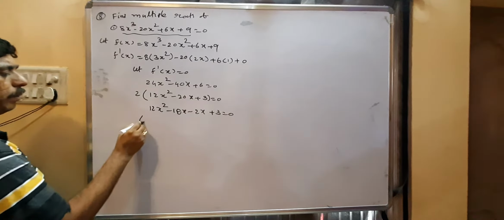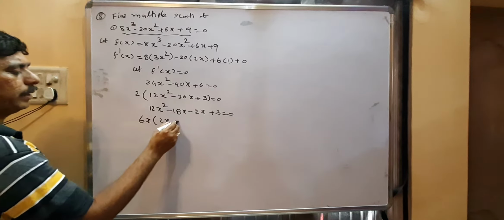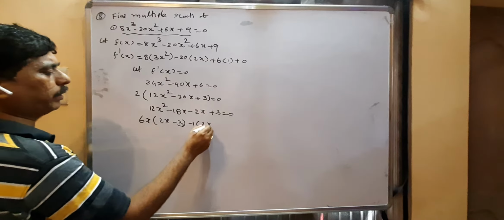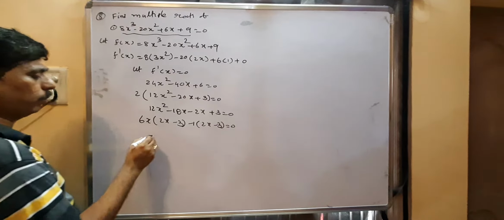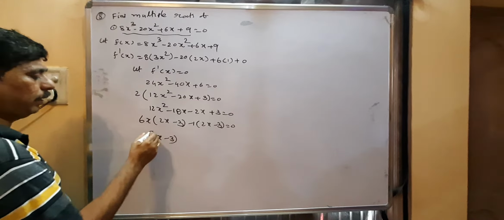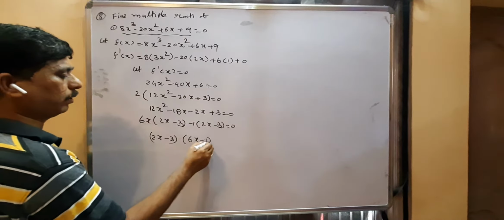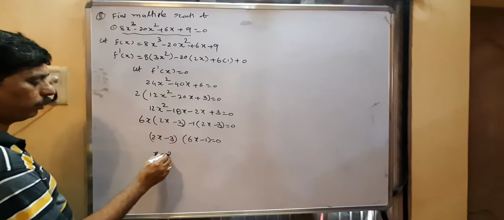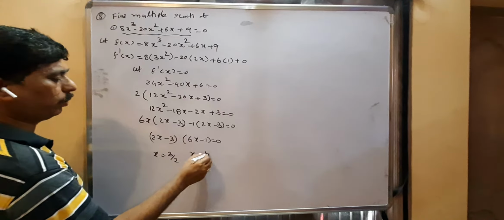From this, 6 common: 6x into 2x minus 3, minus 1 common, 2x minus 3 equal to 0. So 2x minus 3 into 6x minus 1. So x equal to 3 by 2, x equal to 1 by 6.